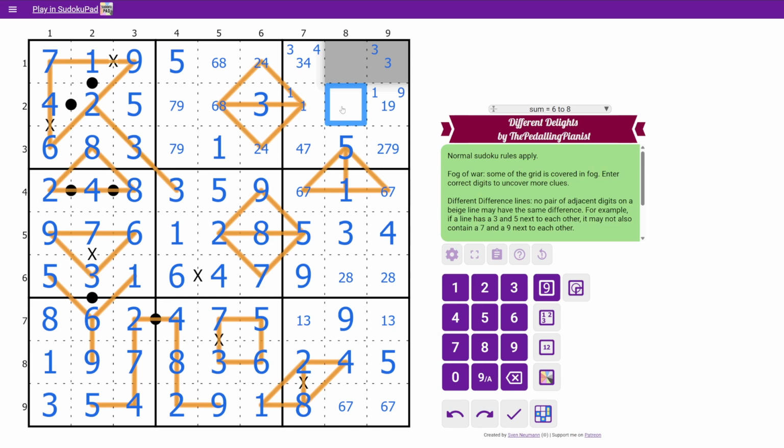Have we made any more combos? A 2 goes nowhere there. Oh no. What am I missing here now?